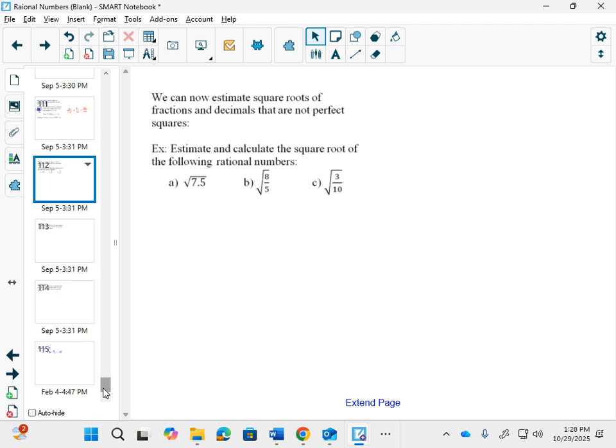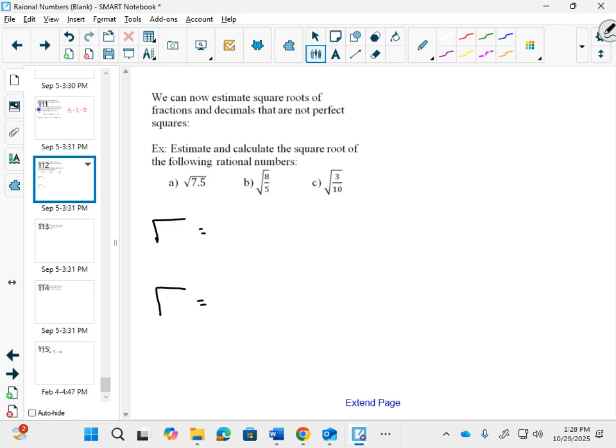So without your calculator, we're going to get an estimate, and then we're going to find the actual value and see how close you are with the calculator. So when you see the square root of 7.5, you want to find one bigger and one smaller that you know. What's a square root bigger than 7.5 that you know? As close as possible.